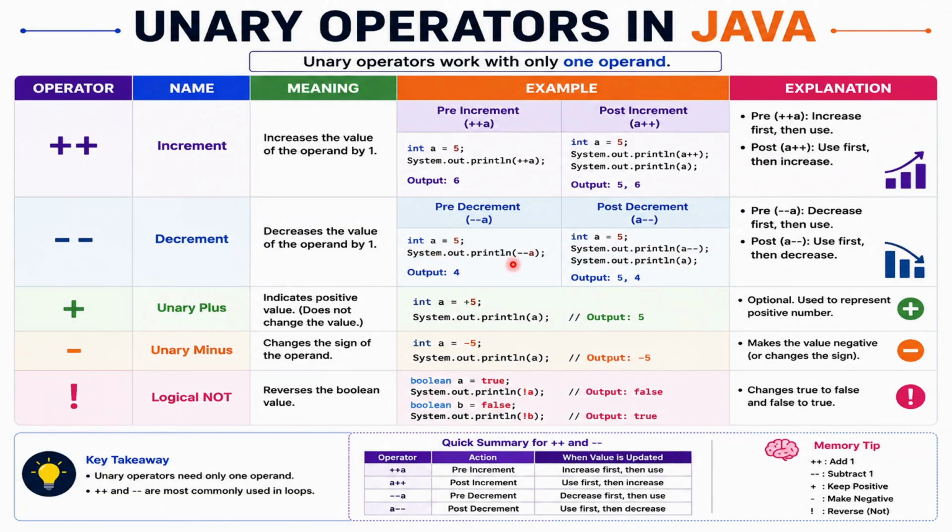System.out.println(--a). It will first decrement the value. So 5 minus 1, the output will be 4. And in post-decrement, it will first use the value and then decrease the value. So integer a equals 5, it will first use the value, meaning the output will be 5. System.out.println(a), the output will be 5 and then it decreases the value. So 5 minus 1 is 4. So the output will be 5 and 4.